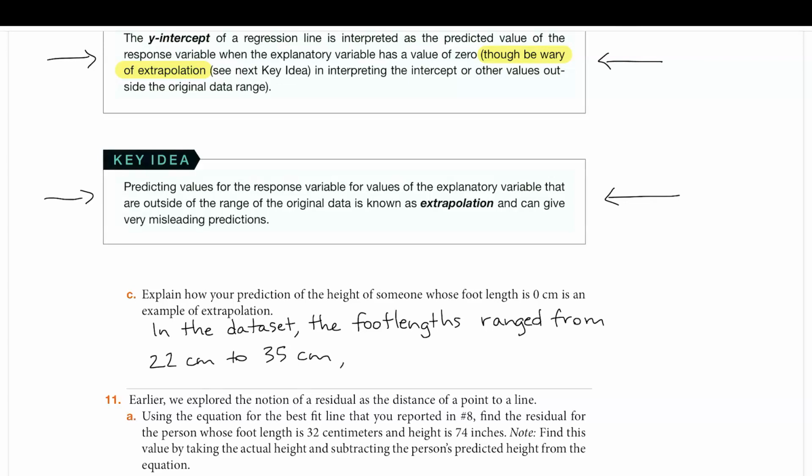You can go back to the data set to check that. So in the data that we had, our foot lengths went anywhere from 22 centimeters to 35 centimeters.